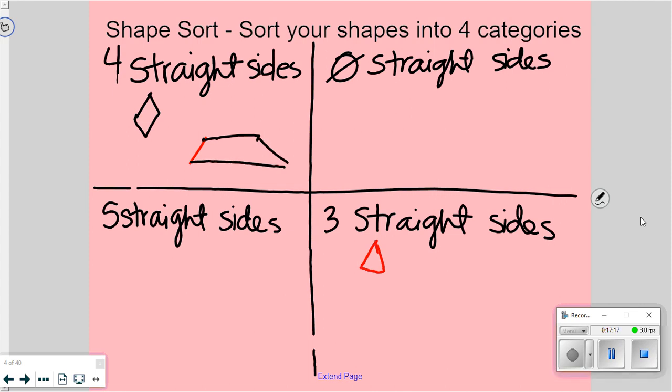All right, Zach, come bring the shape that has 5 straight sides and draw it in our category. Did you have any? You might want to look at your shapes again. Heidi, come put one for 5 straight sides in the category it belongs in.